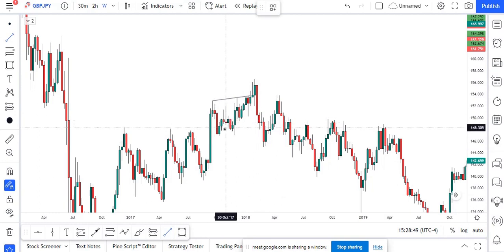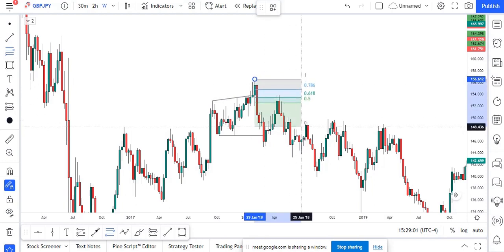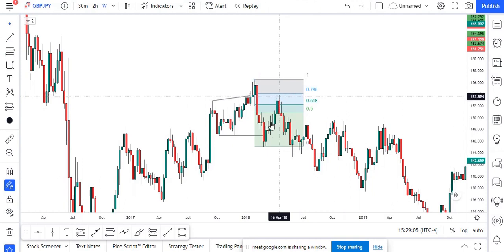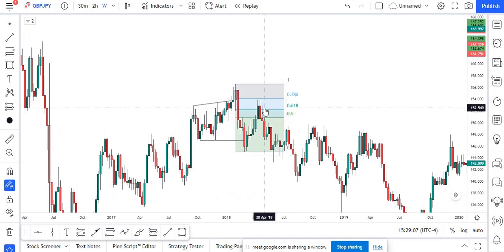We have a break of structure right here. We have good momentum right here. So we draw our Fibonacci as soon as this candle, maybe this candle, forms a swing low. We draw our Fibonacci golden ratio. Look at how it tapped 61.8. It was a bit in drawdown as well, but regardless, it hit our TP.